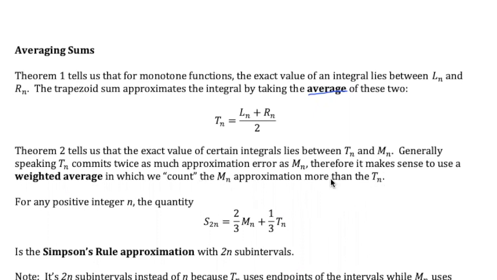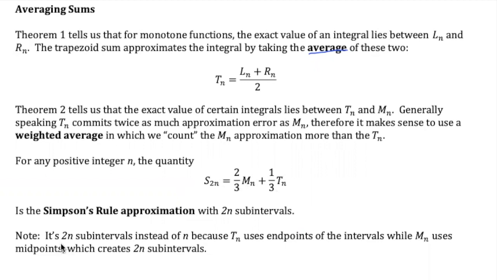So to get an estimate based on these two sums, we're going to do a weighted average. And you can see here that the approximation that we get, which we're now calling S because this is called Simpson's rule, for 2n subintervals, we'll come back to that in a second, we're going to give a 2/3 weighting to the midpoint sum and a 1/3 weighting to the trapezoid sum.